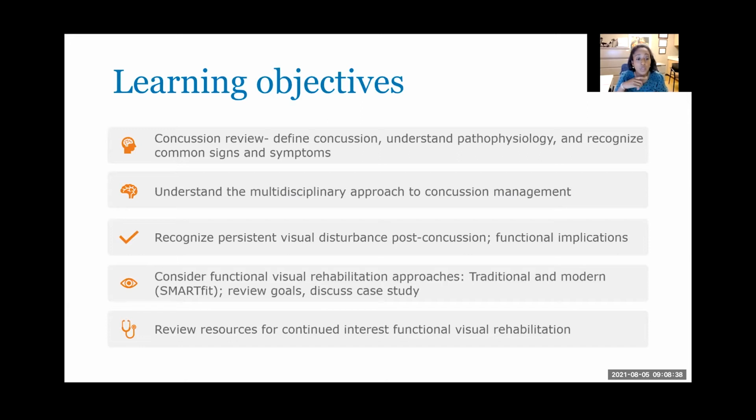And finally, I do want to address some additional resources should you want to continue to learn more about your interests and feeling an interest in functional visual rehabilitation moving forward. It's a topic that I'm very passionate about, and I hope that I leave you with lots of information.